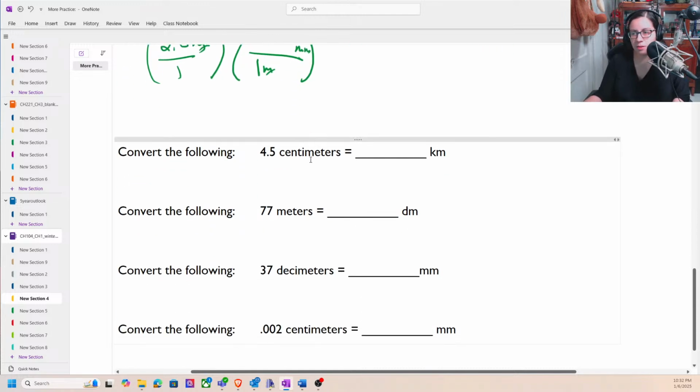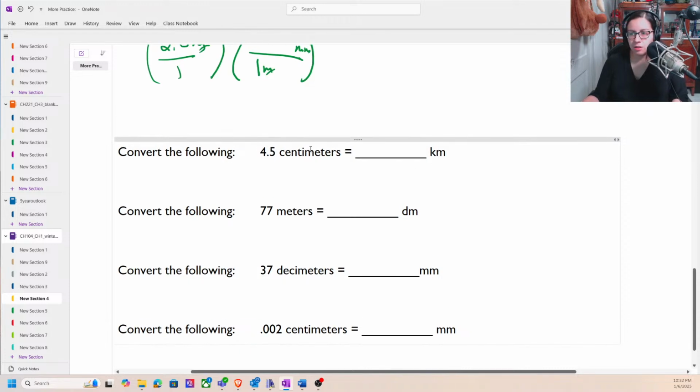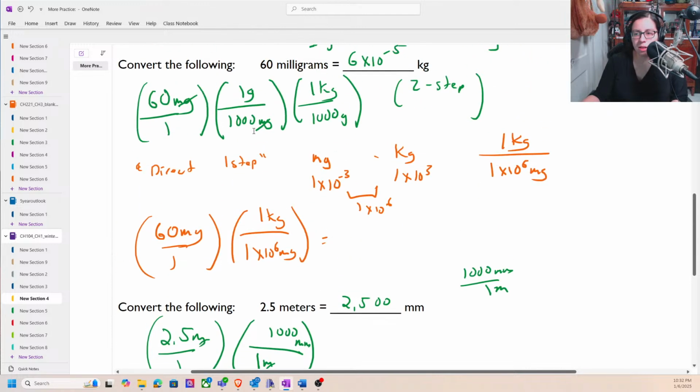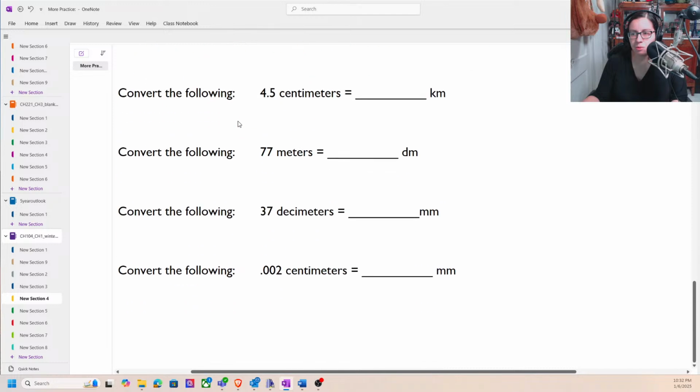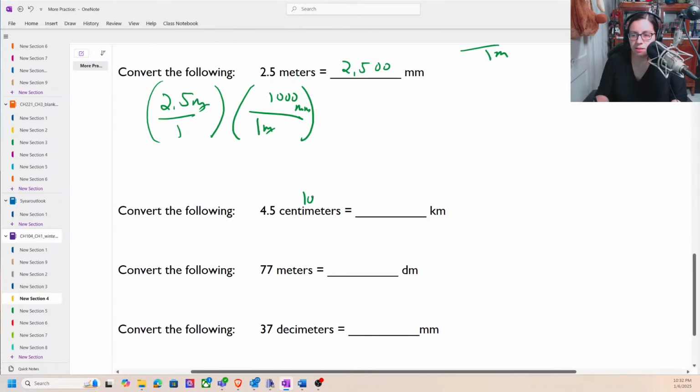So now we have a centimeter to kilometer conversion. So again, we could have kind of the same sort of issue as before, right? Where we have, do we do a 1-step? Do we do a 2-step? And so again, I'll show both methods. So centimeter, 10 to the negative 2, kilometer, 10 to the third again.